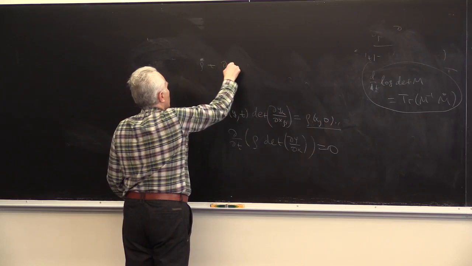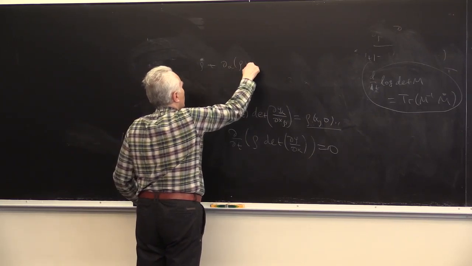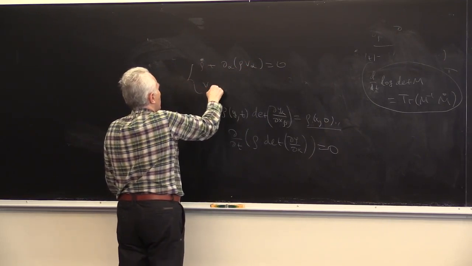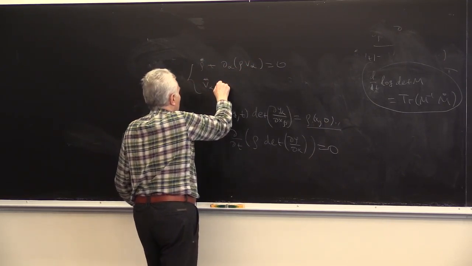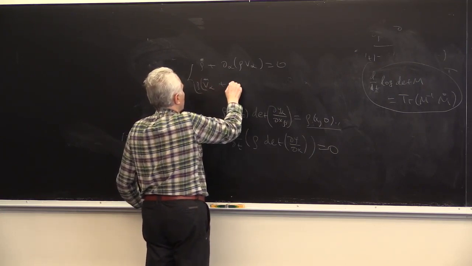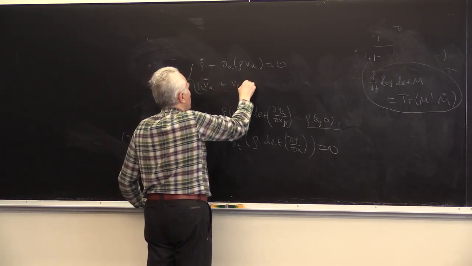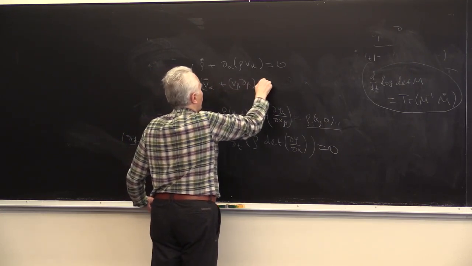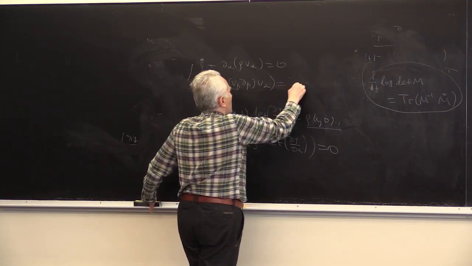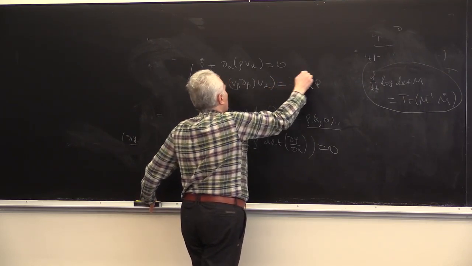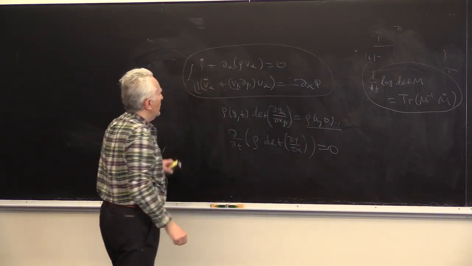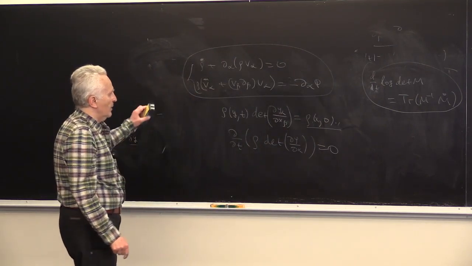Rho dot plus d alpha of rho v alpha is equal to 0. The second equation, v alpha dot plus v beta d beta v alpha and so on, and this is the Euler equation, the general Euler equation.